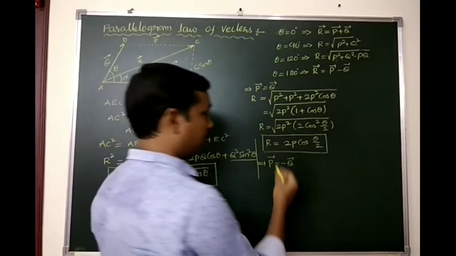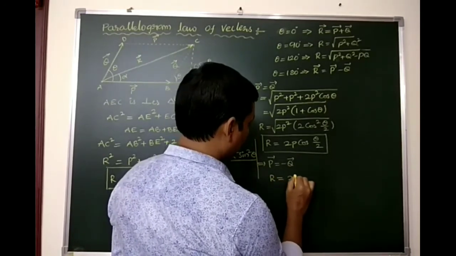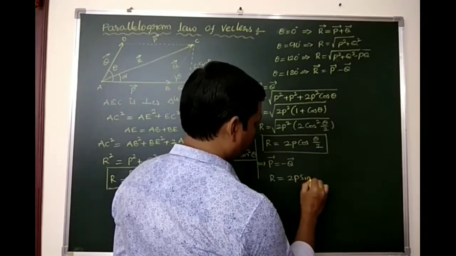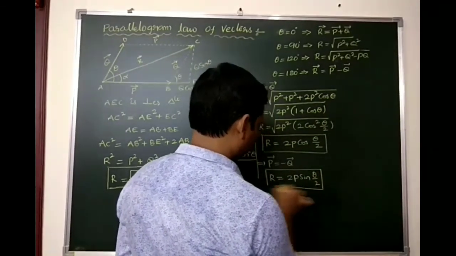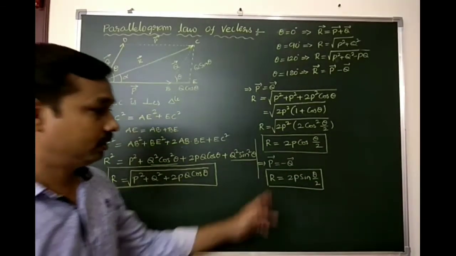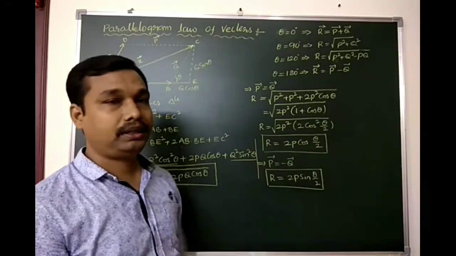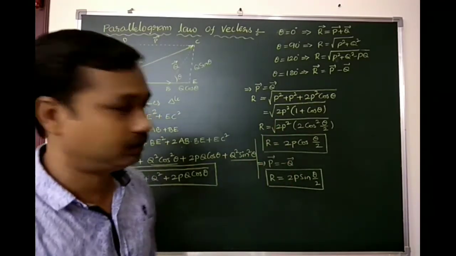Then the resultant R equals 2P sin theta by 2. In the same manner, I directly wrote here P is equal to minus Q. So we will get R equals 2P sin theta by 2. This is one of the cases.